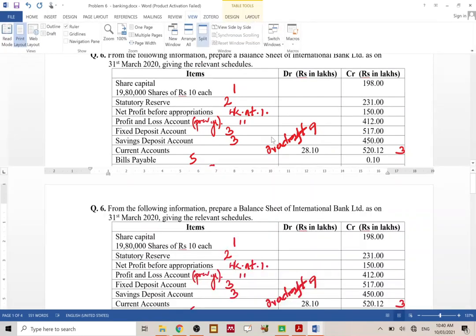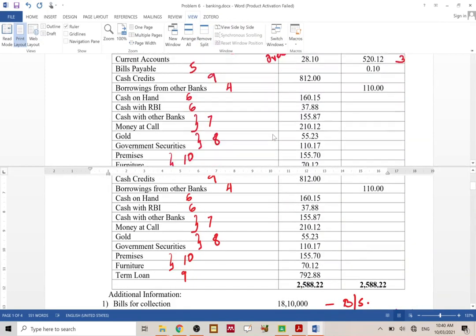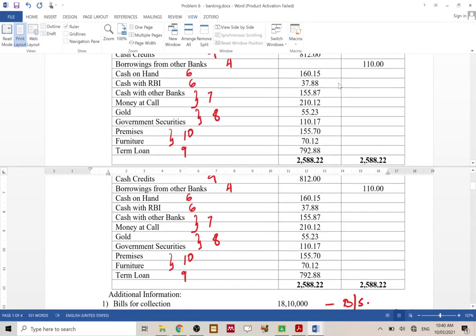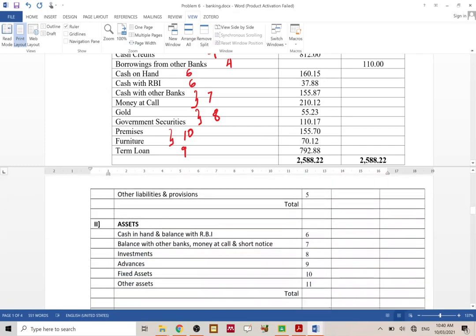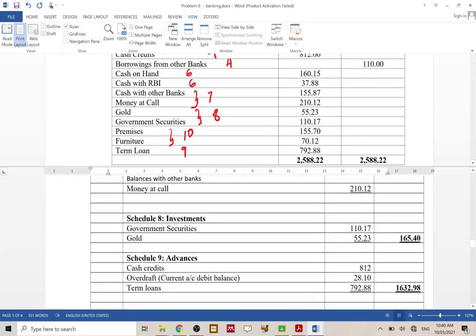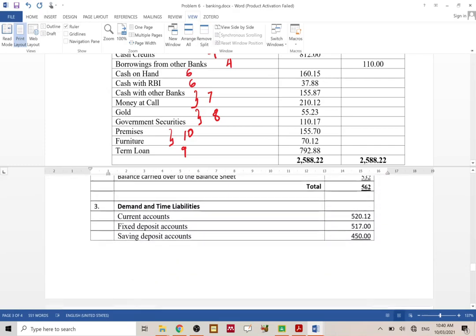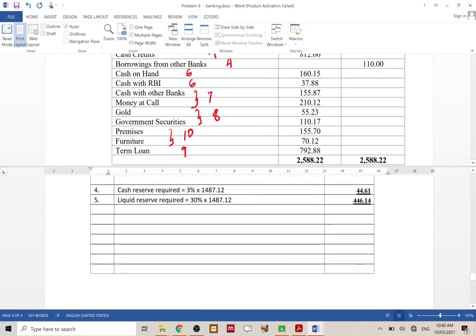Now let's look at what was the requirement. I'll keep this here, cash with RBI 37.88, and the requirement that we have calculated of the cash reserve is 44.61. So if you see here, 44.61 is the cash reserve, right?